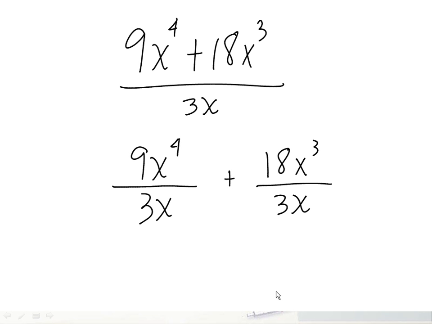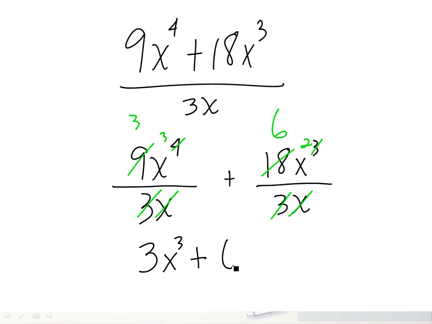Let's simplify each of these separately. 3 goes into 9, 3 times, take 1 x away. 3 goes into 18, 6 times, take 1 x away. So what we have is 3x cubed plus 6x squared.